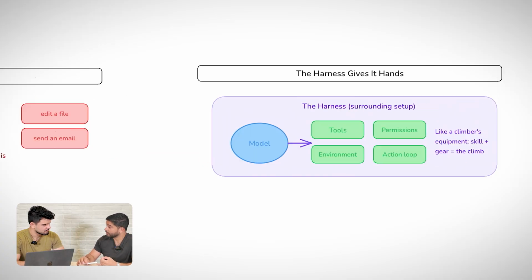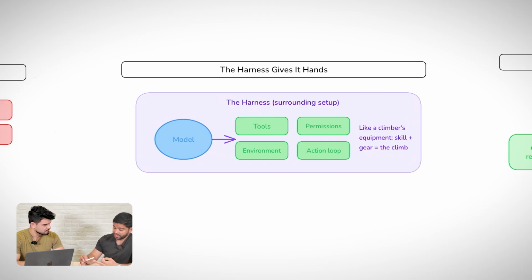So aside from giving the model tools, what else does a harness do? It's responsible also for permissions, environments, and action loops. So what do these mean? When looking at permissions, for example, the permission for a model to use a production database or a staging database is something that the harness will control. Production is where your critical knowledge is stored, and staging is essentially a mock-up of what your data would look like.